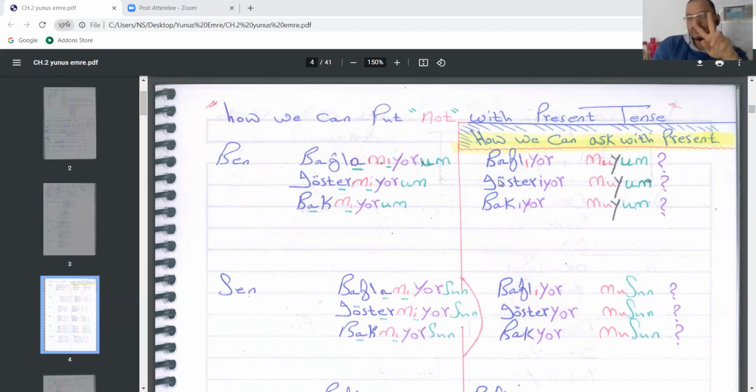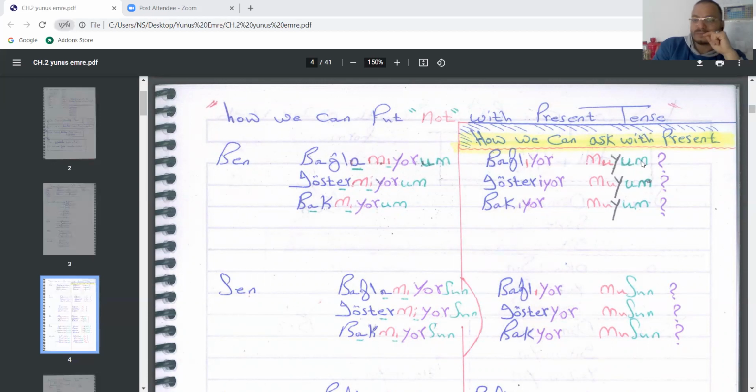But just in two situations, at ben and biz, me and we, we will put y between these two vowel letters, to be able to say it and get the right pronunciation when we use it.